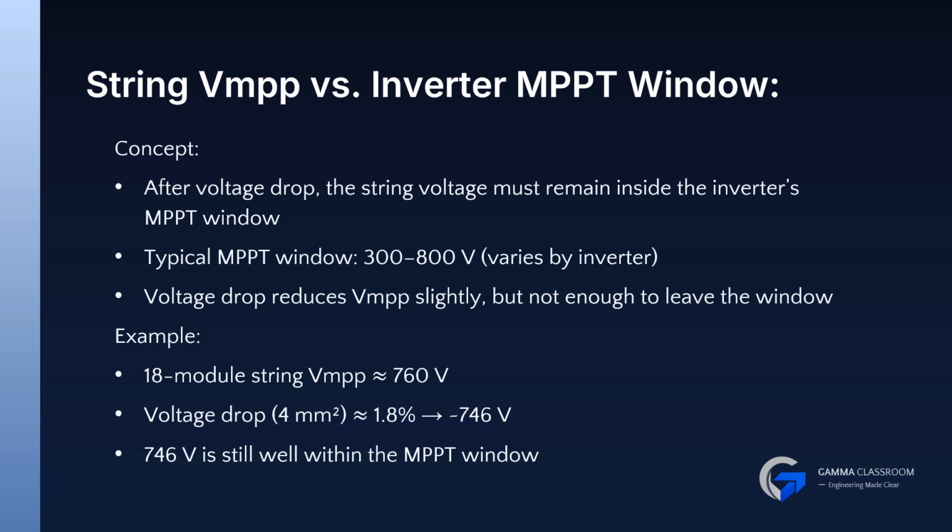After applying a typical voltage drop of about 1.8%, the voltage is still roughly 746 volts, which remains well within the MPPT window. Voltage drop affects efficiency, but it doesn't affect inverter compatibility.